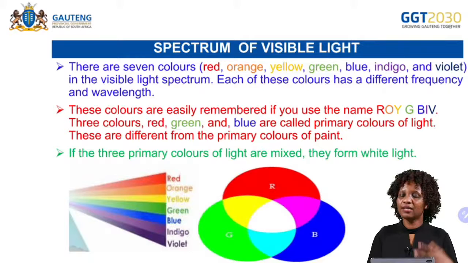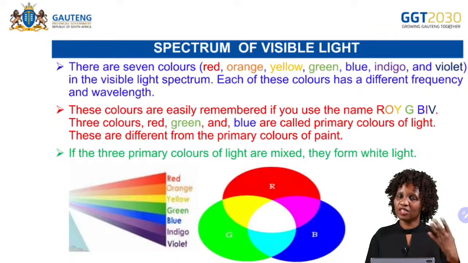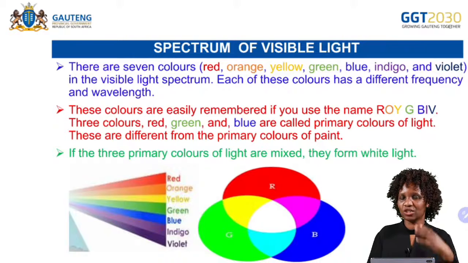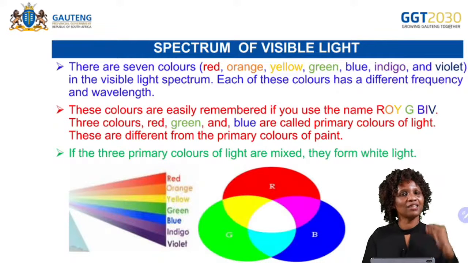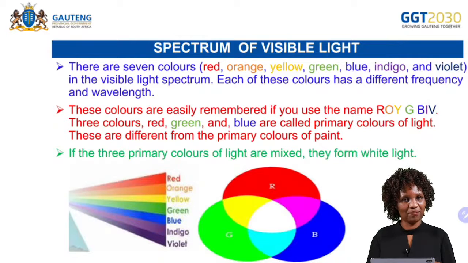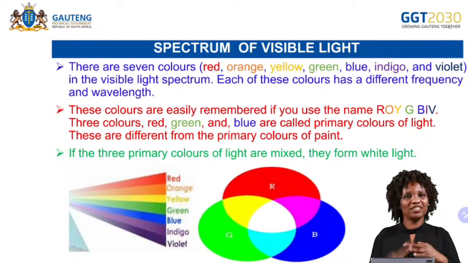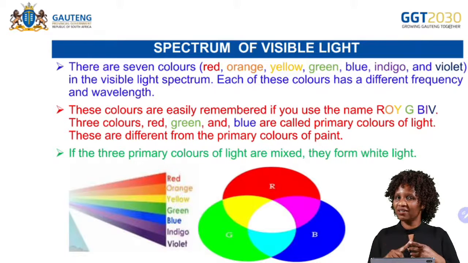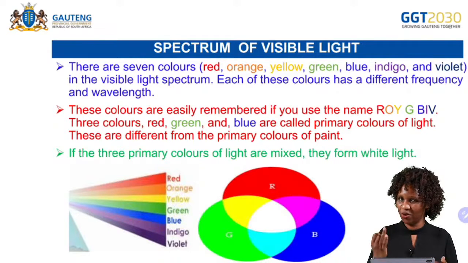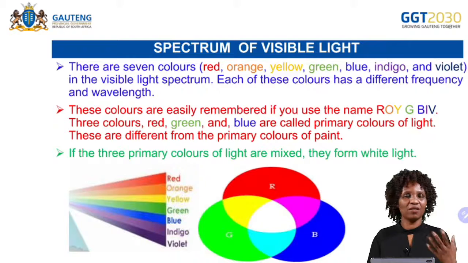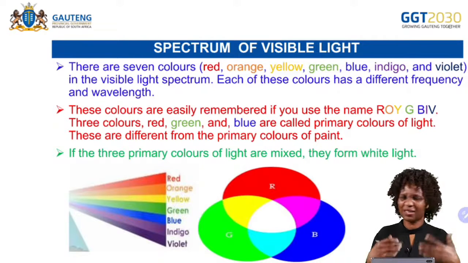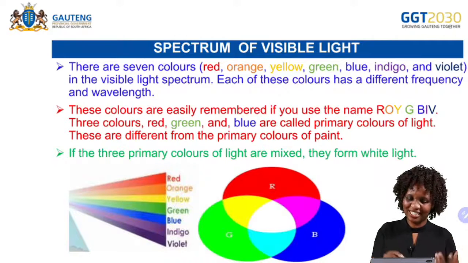And then there are 7 colors. If we're looking at the spectrum of visible light, it has got the 7 colors. These are the colors of the rainbow. We've got red, orange, yellow, green, blue, indigo, and violet. You can just call them ROY G. BIV to make it simple for you and interesting.